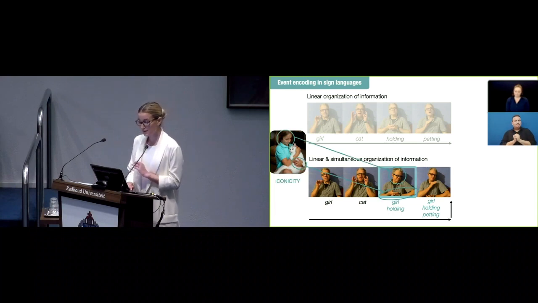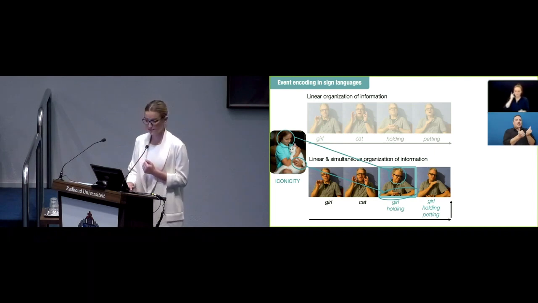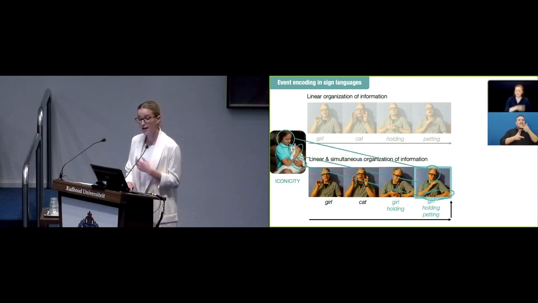In the first depiction, the head and hands of the signer are used to represent the girl and her holding action in an iconic way, that is, to visually resemble the event elements. And in the second depiction, the signer iconically represents the girl's holding action and petting action.